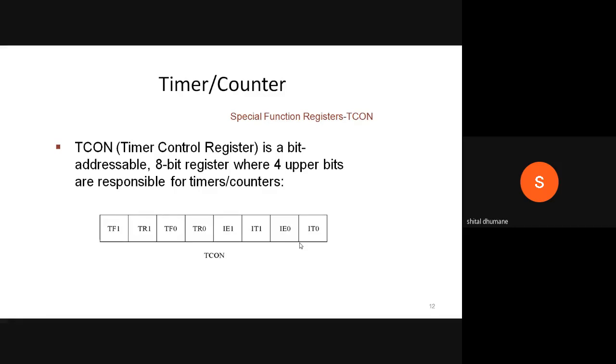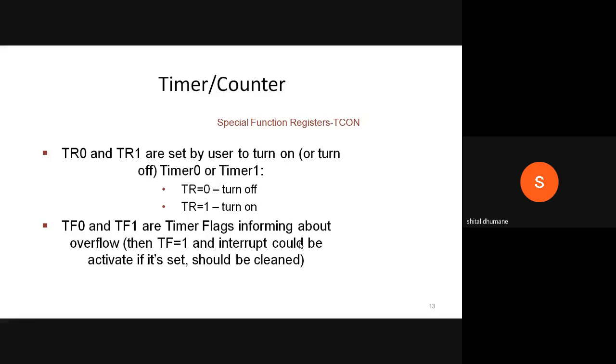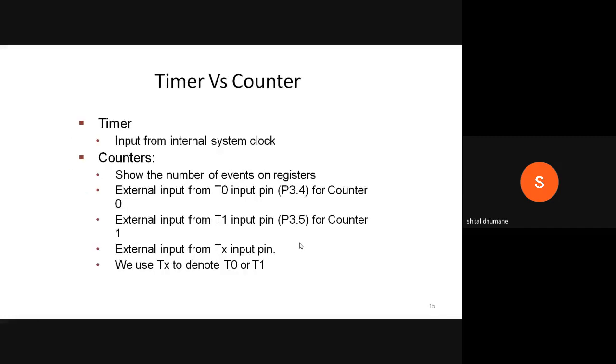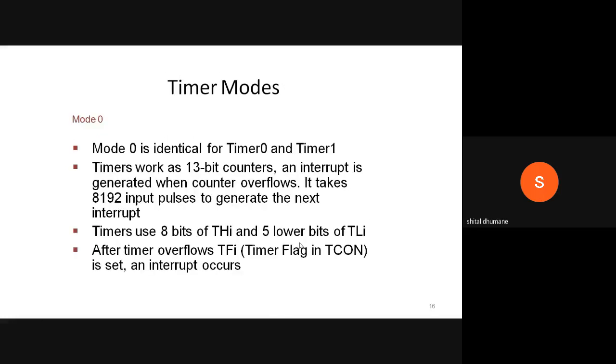So these are the two special function registers associated with timers: the TMOD register and the TCON register, that is, the timer mode control and timer control registers. Next is the modes of operation of the timer.